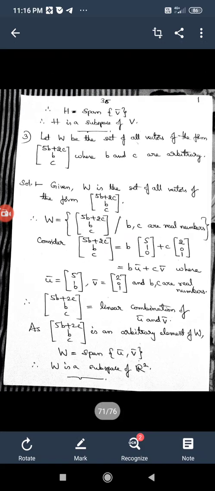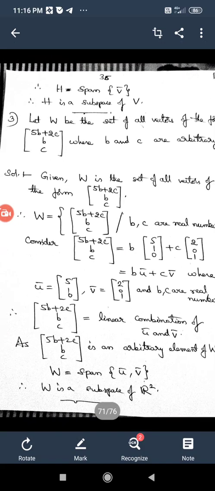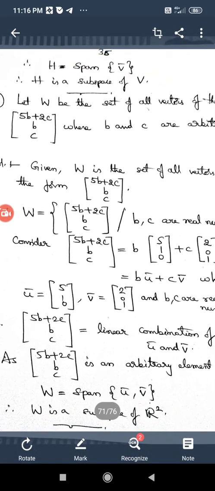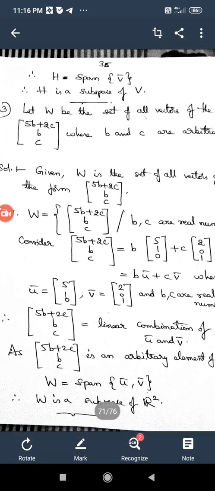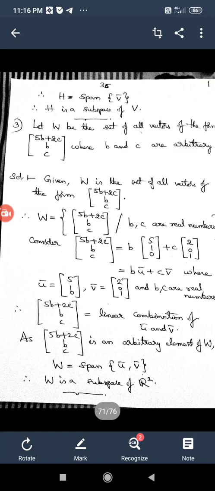Solution. Here the problem is not completely written, but what I have said, just follow that. Find u bar, v bar so that W is equal to the span of u bar, v bar. That is the missed part of the question. Now moving on to the solution.